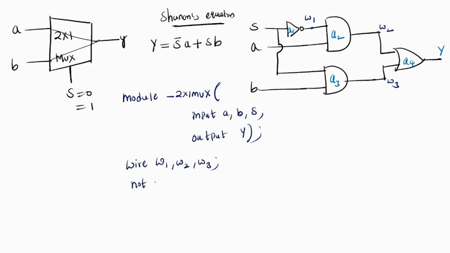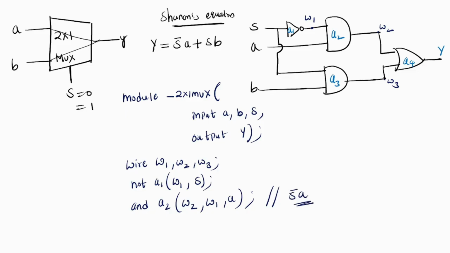Next, not of A1, the instance name, output W1 followed by input. Next, and of instance name A2, the output is W2, W1 comma A. So this is nothing but S bar A, one product term you got.